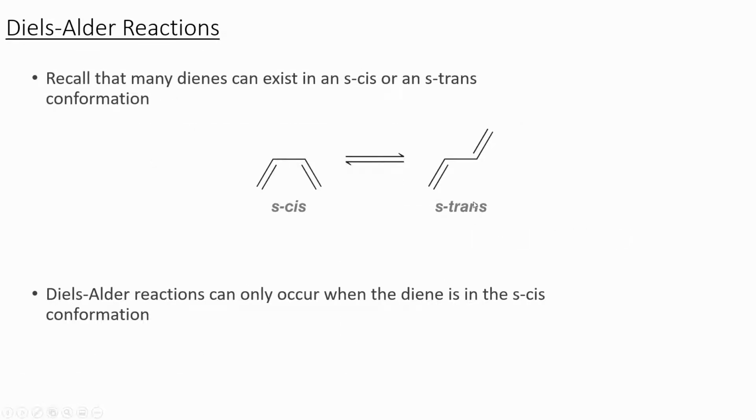As far as the diene starting material goes, you can recall that we have 2 potential conformations of the diene, the S-cis and the S-trans. Because we need the cyclic transition state for this reaction, it's only possible for the reaction to occur with the S-cis starting material.